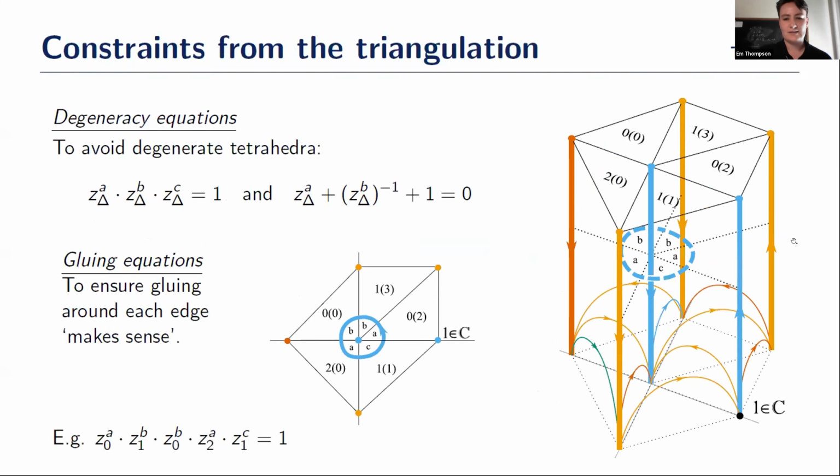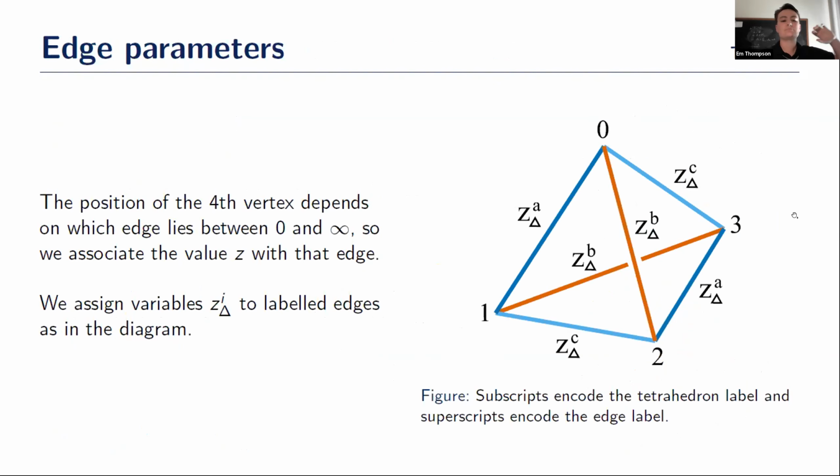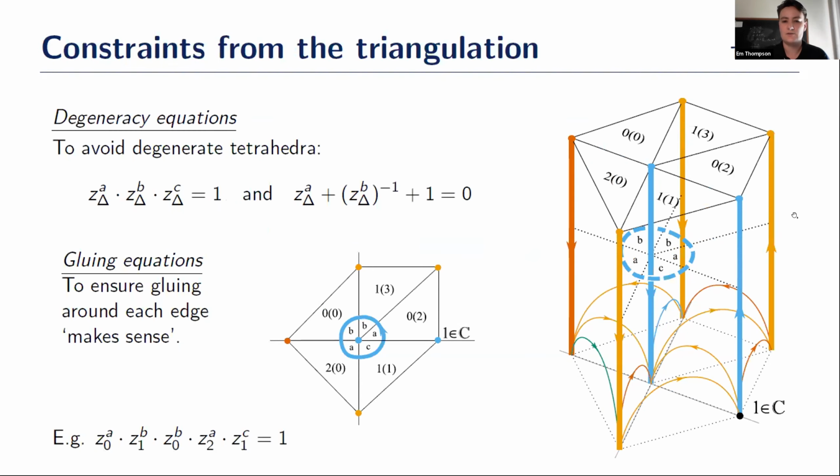So this is giving us a way to encode the geometry of an individual tetrahedron, and now we want to place constraints on those Z variables so that when we glue these tetrahedra together to get back our knot complement, all of this geometry still makes sense.